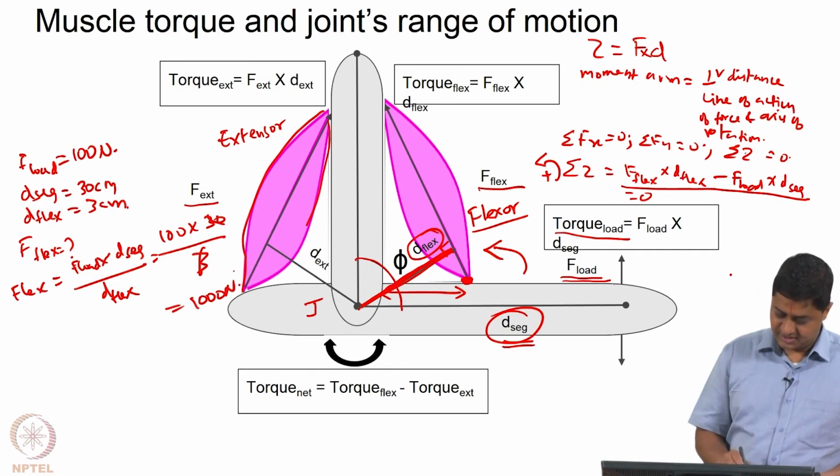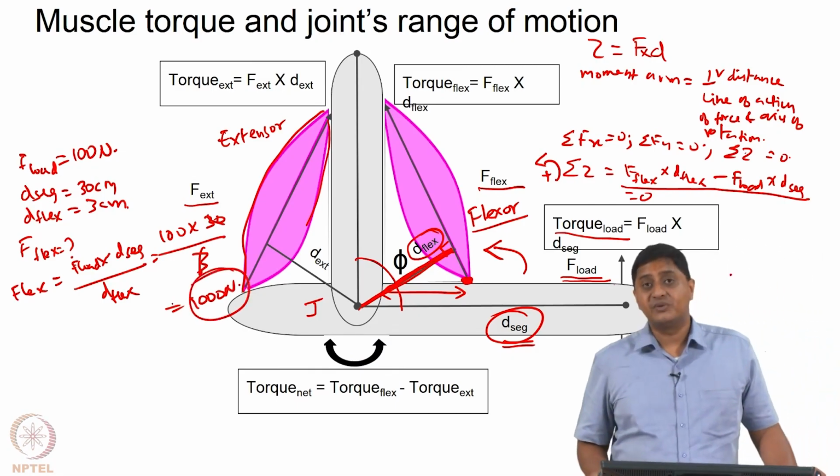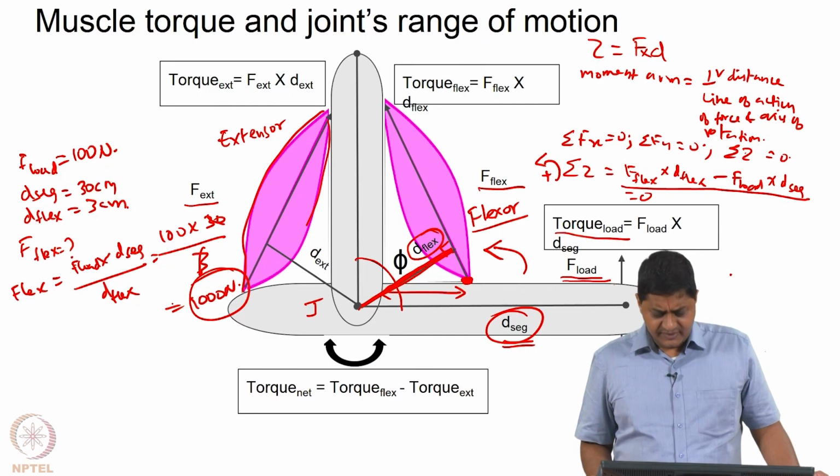Now, realize that is a relatively large number. 1000 newtons is what needs to be produced to carry a 100 Newton load. Why is this?